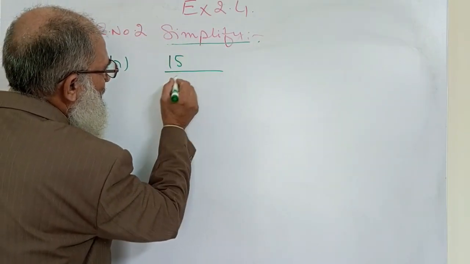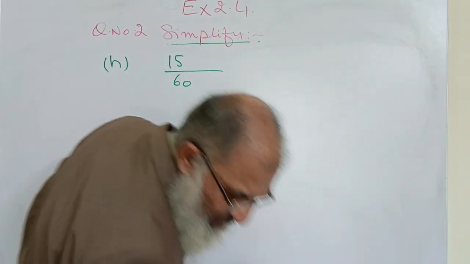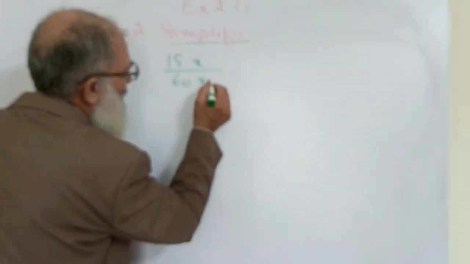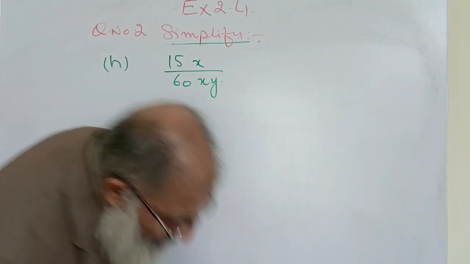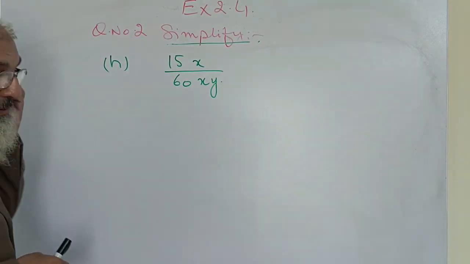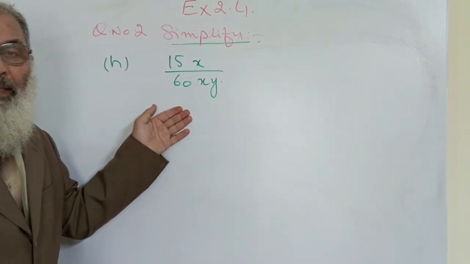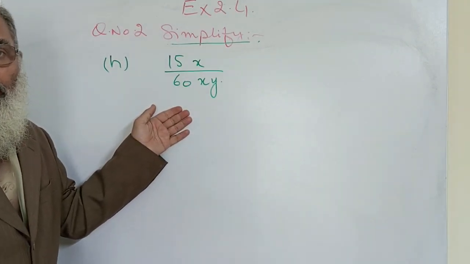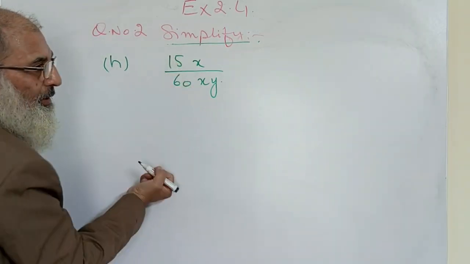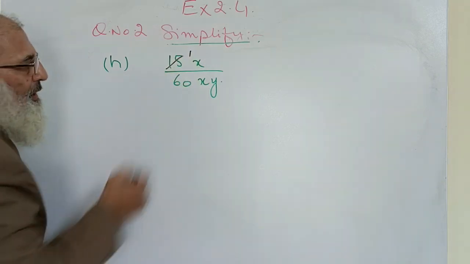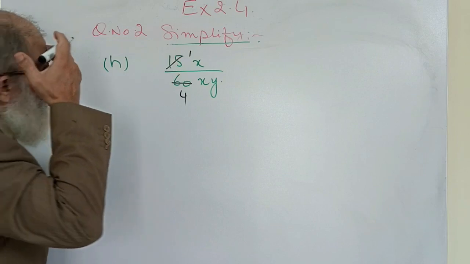15 divided by 60 were the coefficients, and what else? x and xy. No problem if you get a denominator like this. So what will we do? We'll start from here. 15 1 times 15, and 15 4 times 60, as you know that 15 4 times is 60.